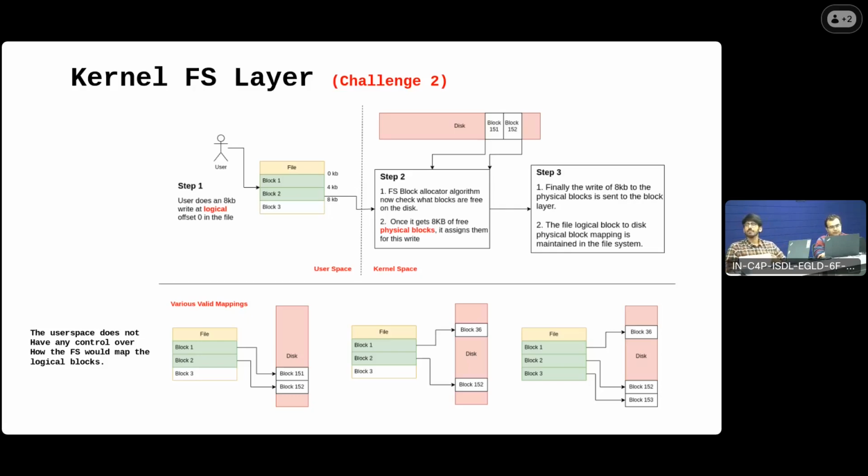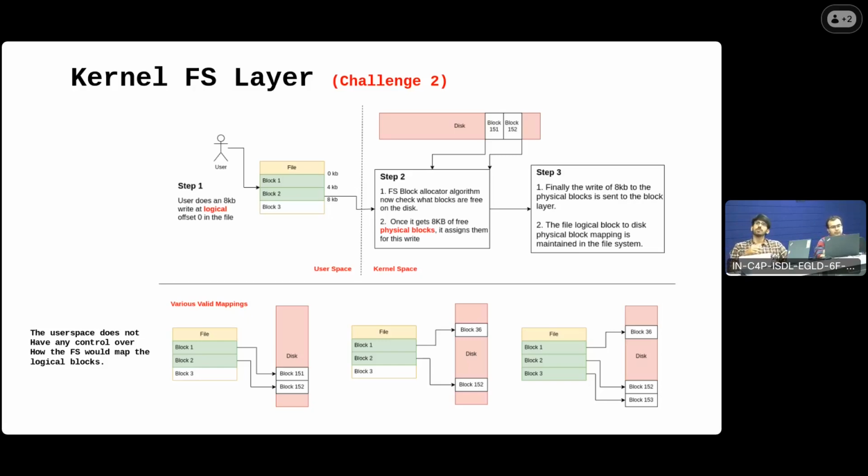Now what the file system will do is go and scan the whole disk that you see in red, and try to find two free blocks, two blocks as in 4 KB blocks. In this diagram, we can see it finds blocks 151 and 152. So it says, okay, these two blocks are free, let's assign them to the user, and it finally writes that 8 KB of whatever the user has supplied to blocks 151 and 152 of the disk.